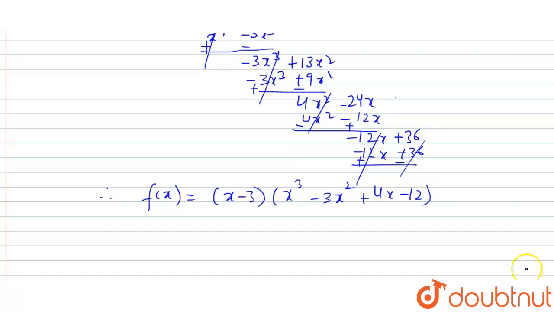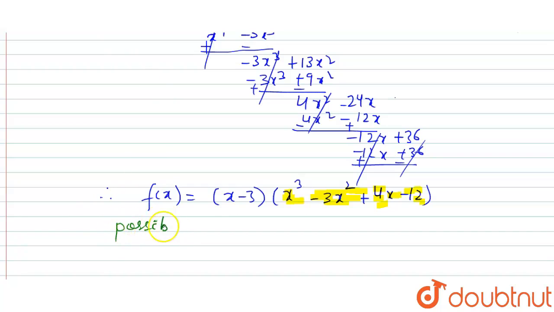We need to factor this also. We have to factor this term also so that we can get another root from here. So now we have to find the possible factors again.